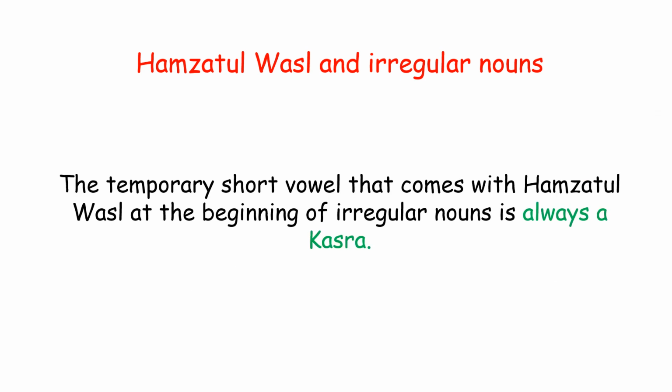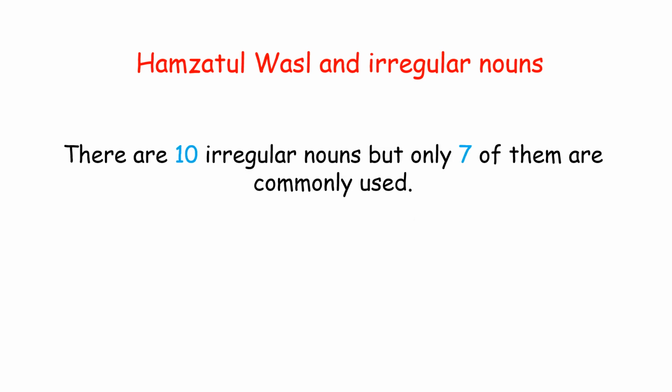By now, you've probably noticed the Kasrah sound at the beginning of each word, which means that the temporary short vowel that comes with Hamzatul Wasl at the beginning of irregular nouns is always a Kasrah. No exceptions. Couldn't be easier, isn't it? So, let's sum up. As mentioned, there are 10 irregular nouns in the Arabic language, but only 7 of them are commonly used.